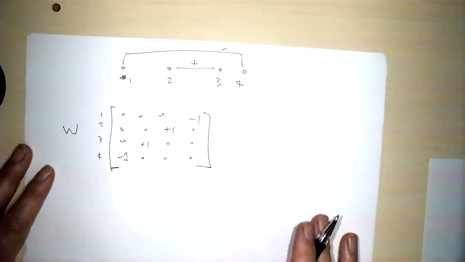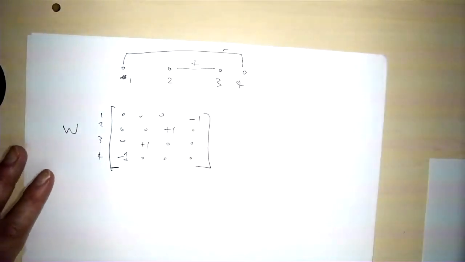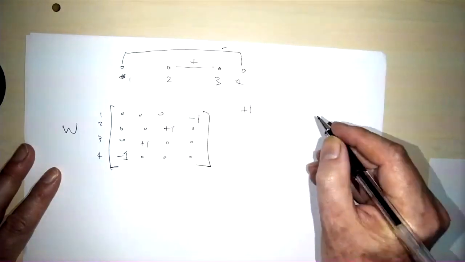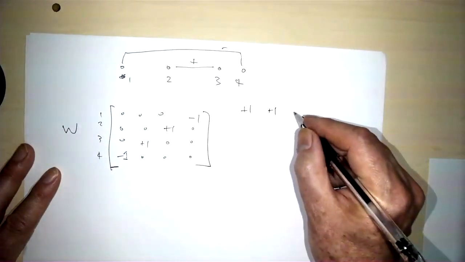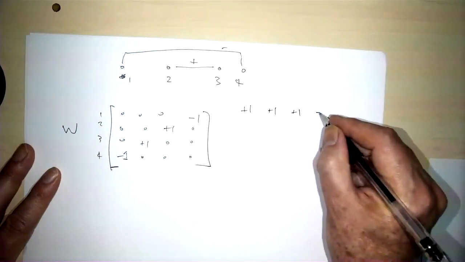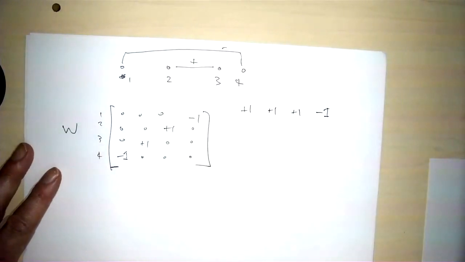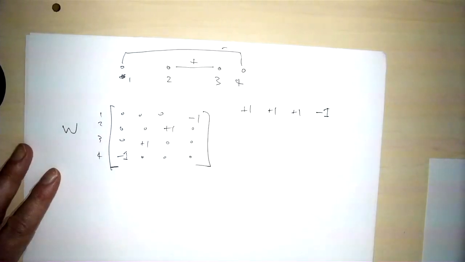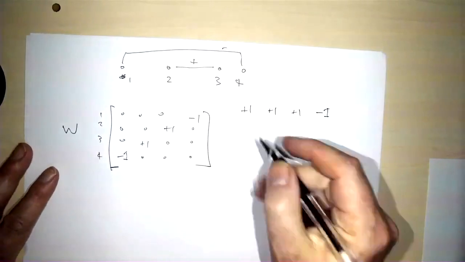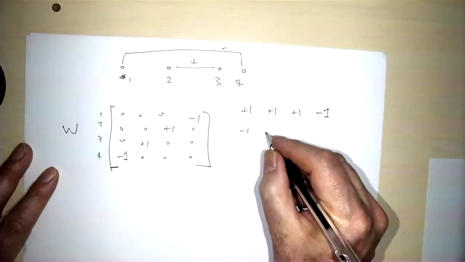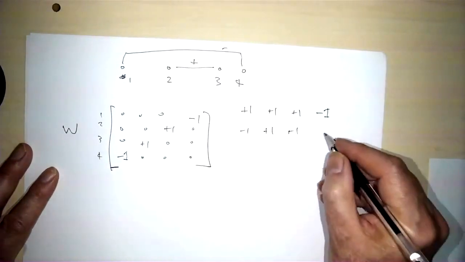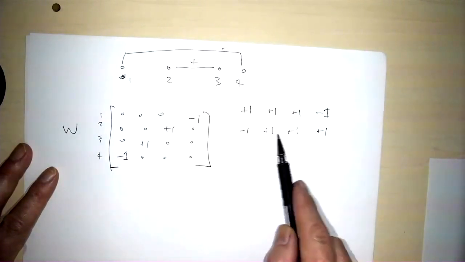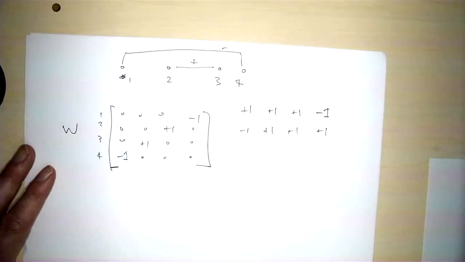Well, then an example of a stable state for this weight matrix would be plus 1, plus 1, plus 1, minus 1. This would be stable because these two things are the same and these two things are opposite. Another example would be minus 1, plus 1, plus 1, plus 1. Again, these two are opposite and these two are the same.